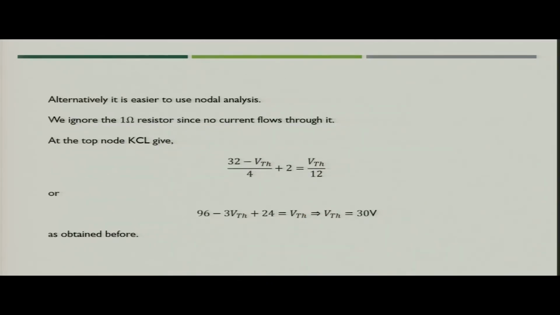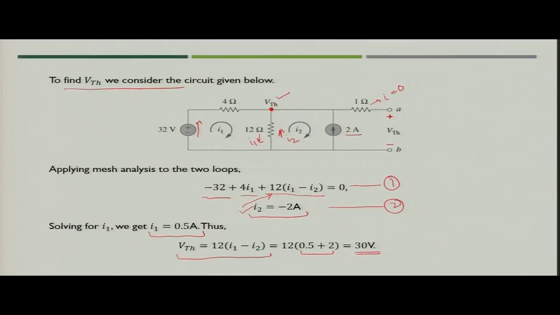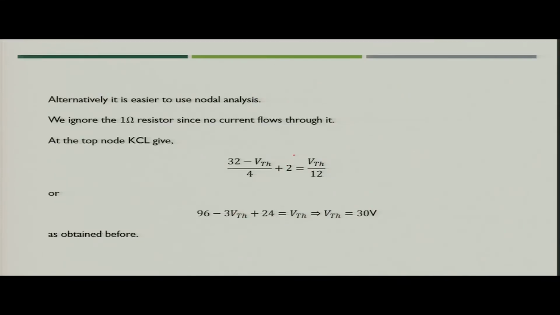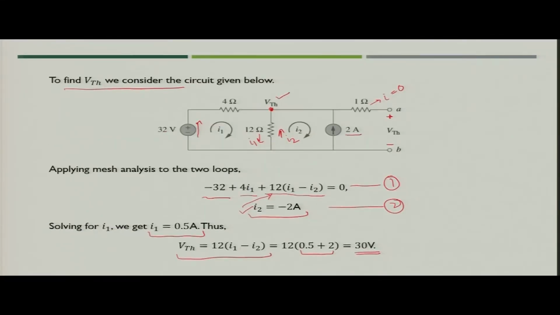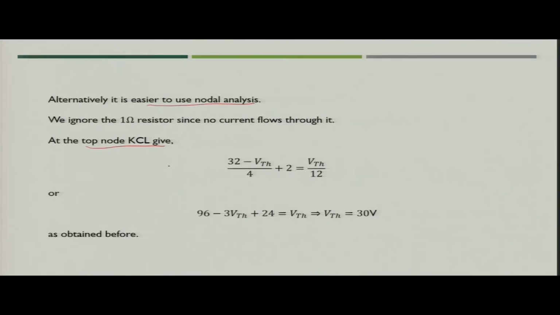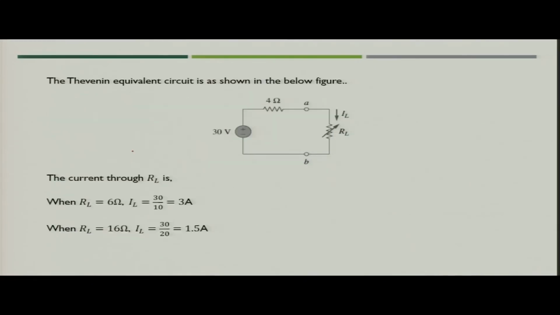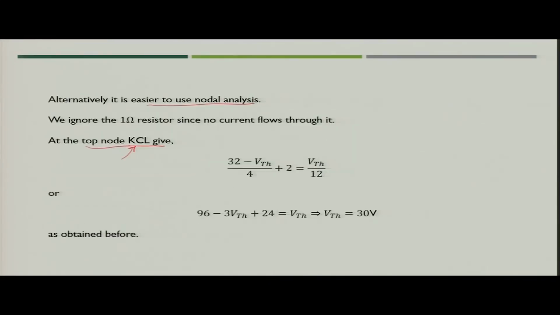Now, instead of mesh analysis, you can also apply nodal analysis as well. So, if you apply the nodal analysis at this node, because this is the node where you are seeing the voltage VTH, that means you have to use Kirchhoff current law here. So, what will happen?